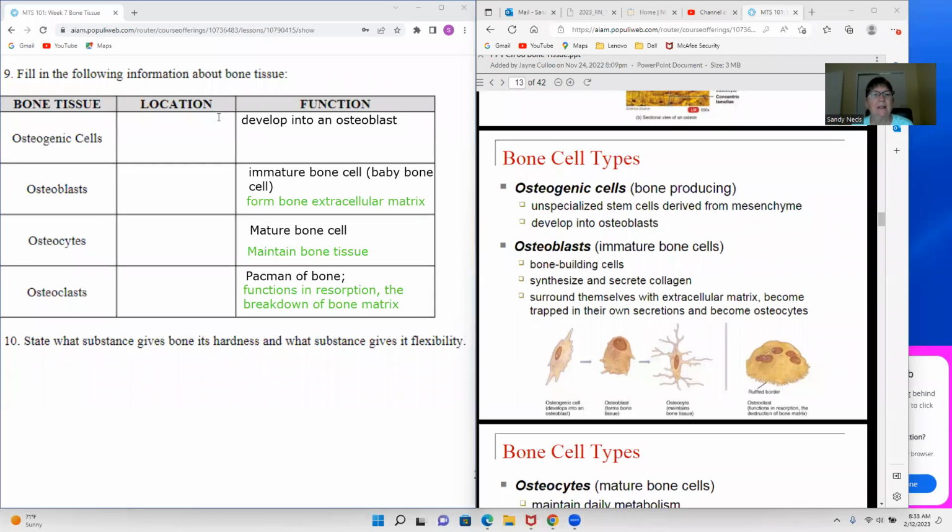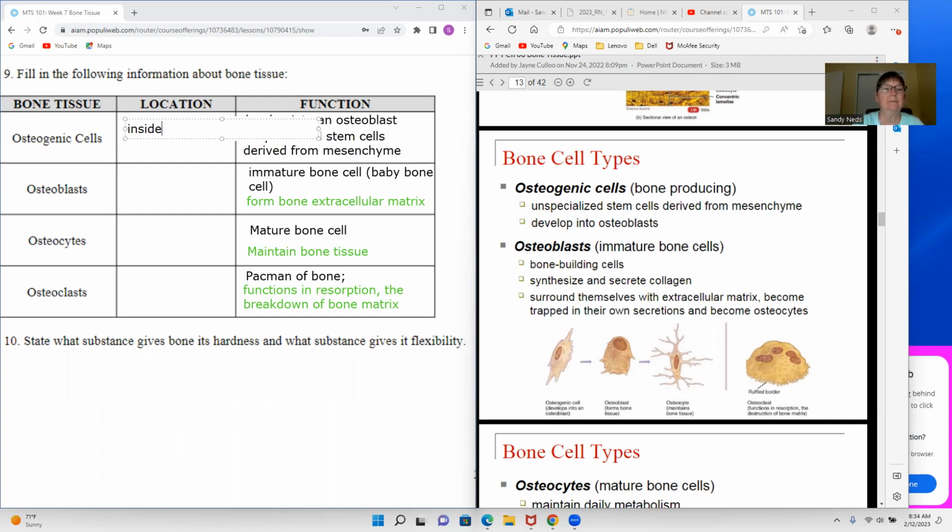And its function, it's unspecialized stem cells derived, meaning comes from, mesenchyme. Remember, mesenchyme is connective tissue. And we said it develops into osteoblasts.